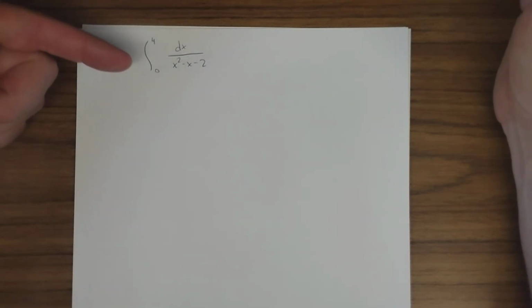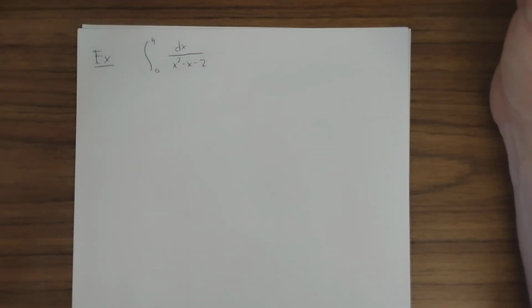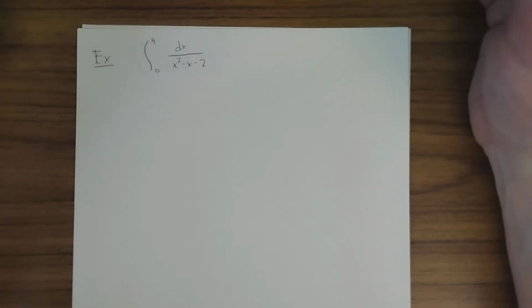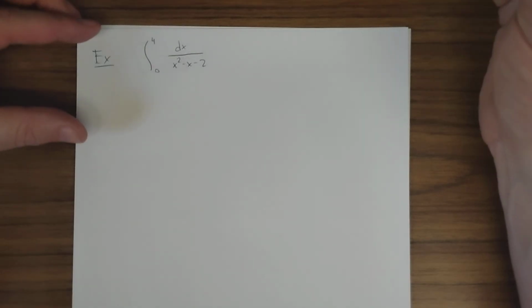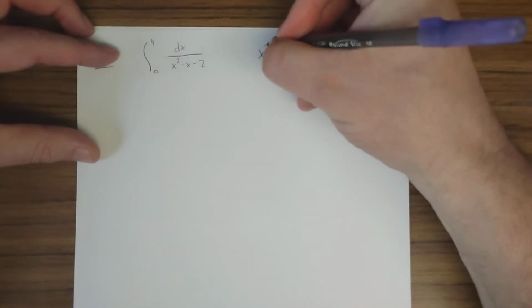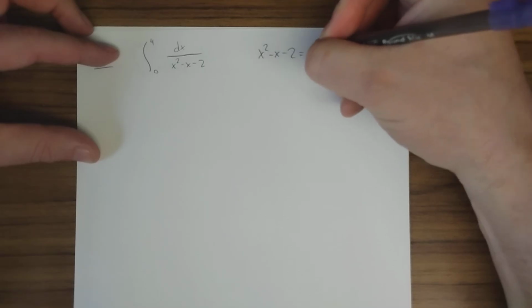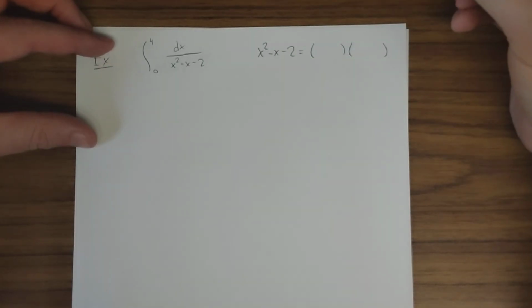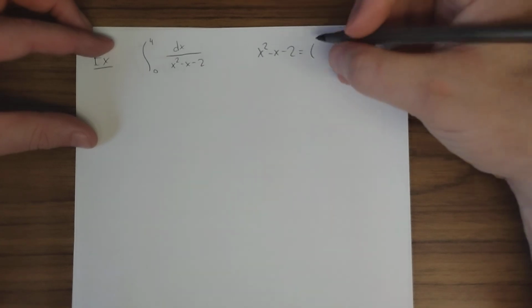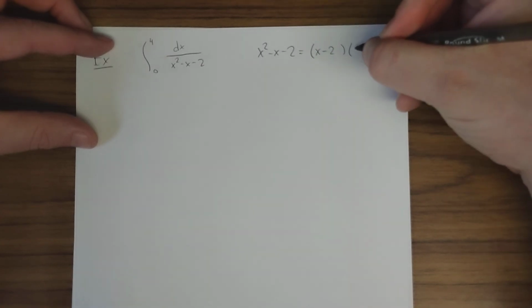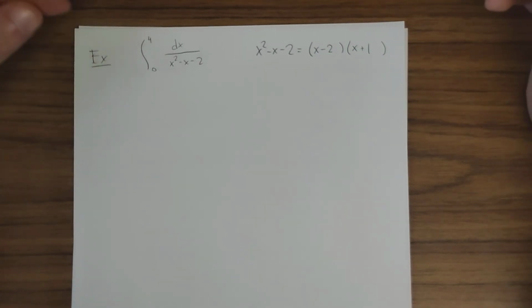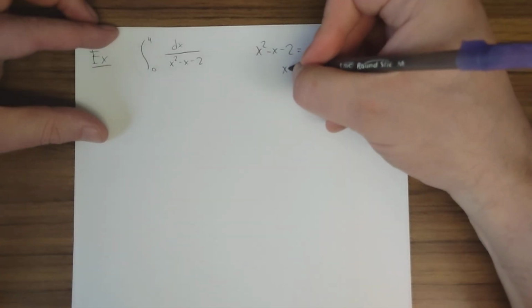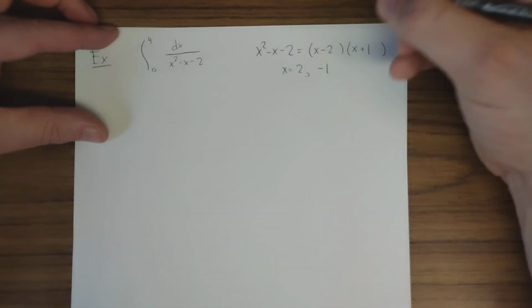All right. I don't see infinity or negative infinity, so I'm asking myself, why is this an improper integral, or even is it an improper integral? We should check for division by 0. Let's try to factor the bottom to see where it's 0. x minus 2, x plus 1.